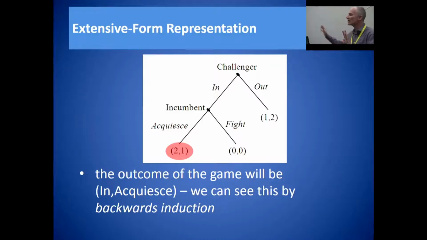Whenever we look at dynamic games and we represent them in their extensive form, that's the way in which we identify the outcomes of the game, by this process of backwards induction. However, there is also another way that I've described to you already.